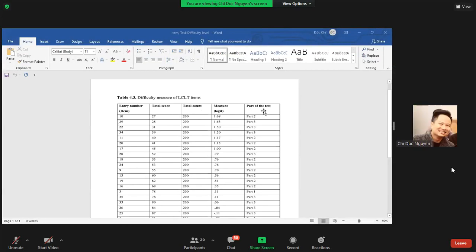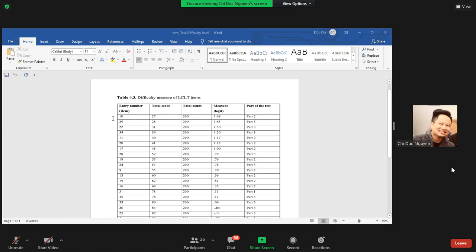So in this table over here, we are going to look at the difficulty level of the item. It can be decided by the number of students who answer the item correctly. After that, it converts the raw score into the logit unit over here.